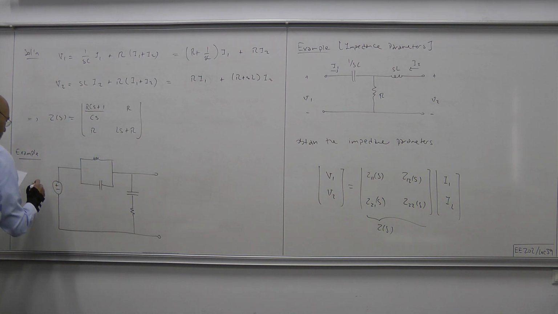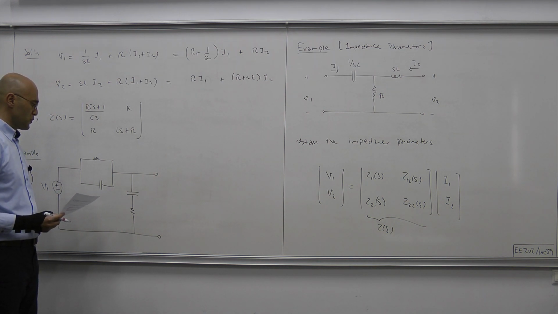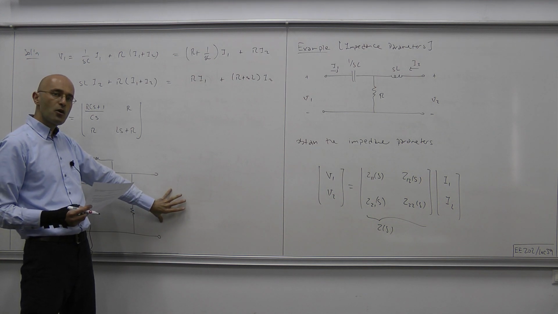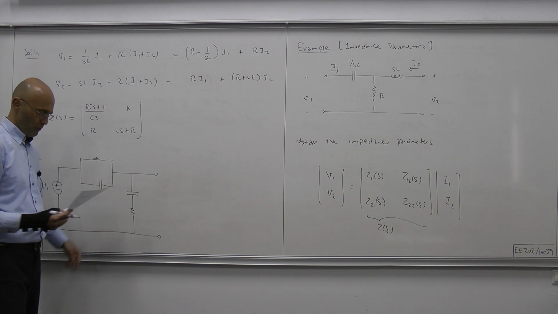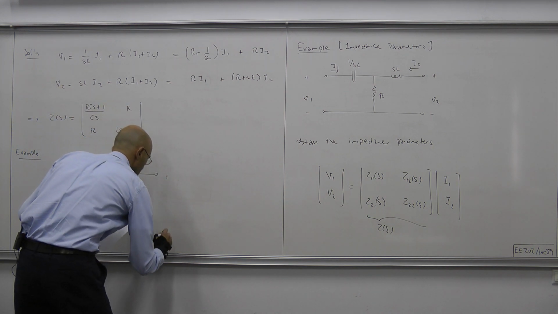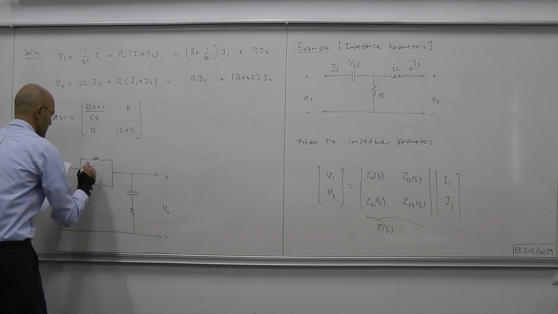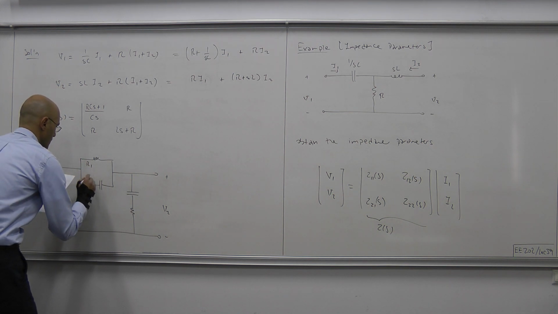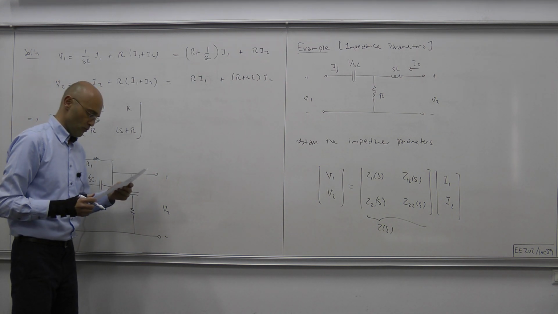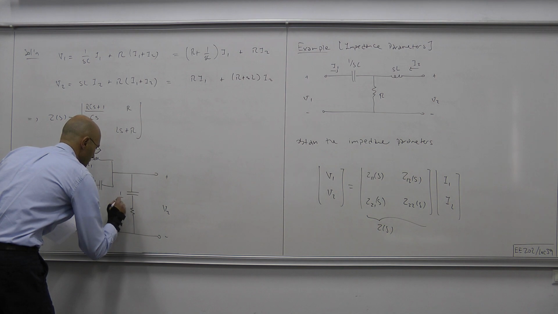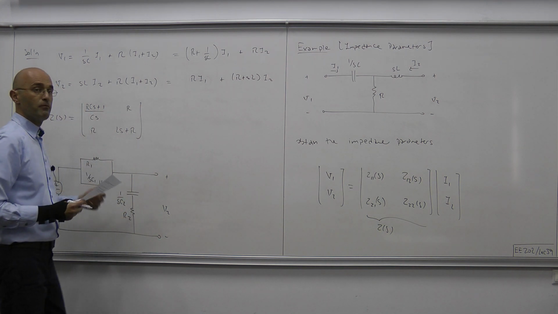The input is the voltage provided by this independent voltage source. The output is collected as the voltage drop across these two terminals, that's our V2. This is R1, this is 1 over SC1. The circuit is directly given in S domain. This is 1 over SC2, and here we have R2.